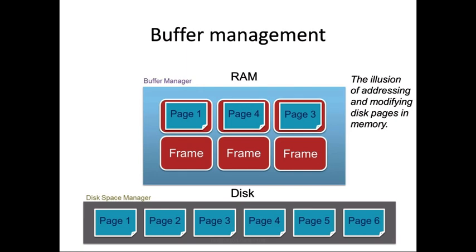This illusion of addressing and modifying disk pages directly by working with them in main memory is the main role of the buffer manager. This, of course, means transferring these pages to and from disk into main memory whenever necessary, while also paying attention to many constraints and conditions that must be met. And we will, of course, clarify all that throughout our discussion.